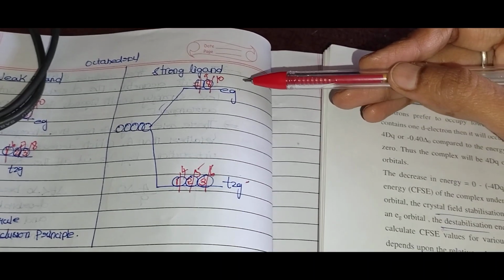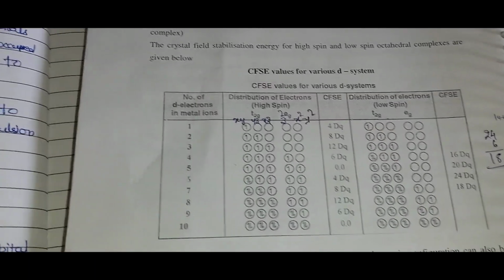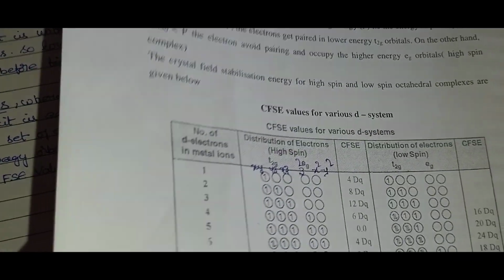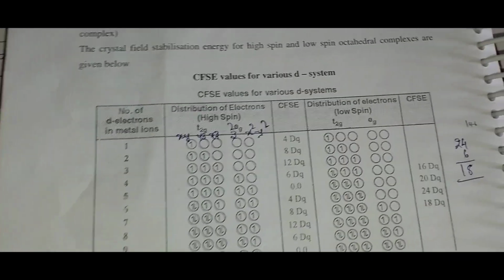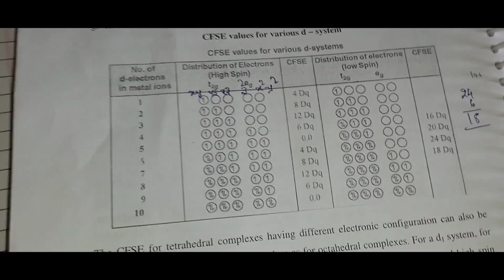And high energy is dz square and dx square minus y square, that is eg. So when we take high spin complexes, there is weak ligand. In the case of weak ligand, high spin complexes take place.